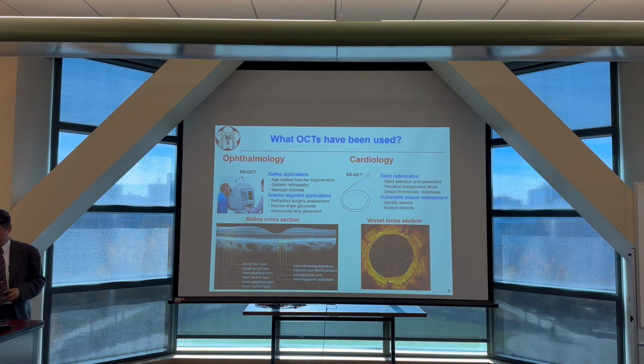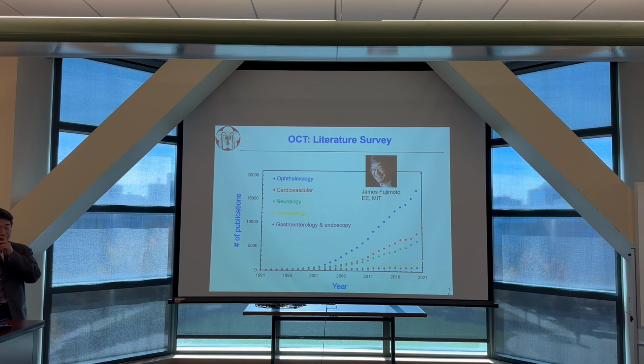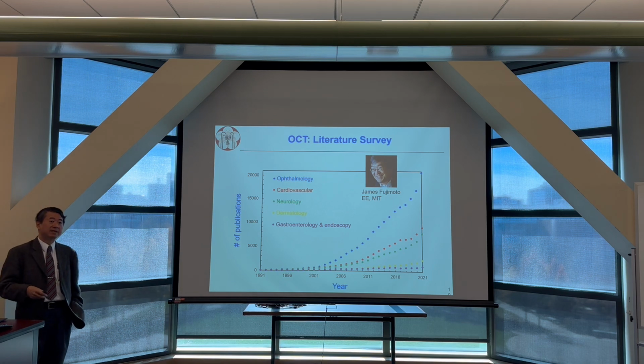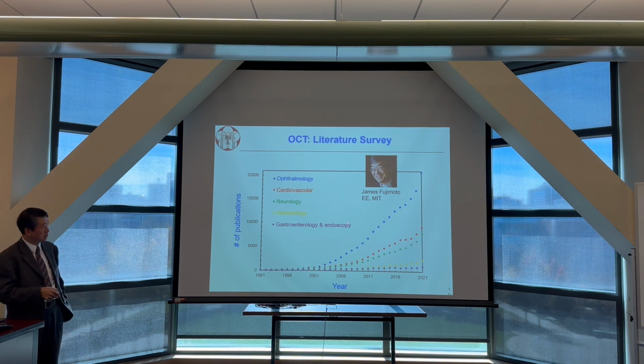As I mentioned, OCT was invented 30 years ago by Professor James Fujimoto at MIT. The application areas started from ophthalmology and cardiovascular imaging. In the early days, people mainly cared about the imaging speed, because for biomedical applications your patient will move, your eye may blink, so you need a very fast imaging speed.